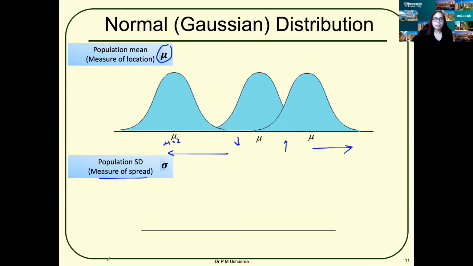Let me take an example here again. If I have a distribution of this style, and now I increase the standard deviation, the spread is going to spread out more because the standard deviation has increased. We have seen many examples in the last couple of weeks.